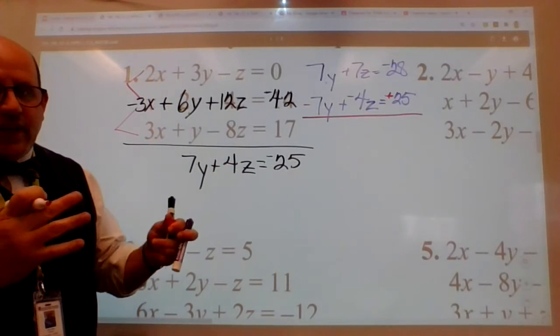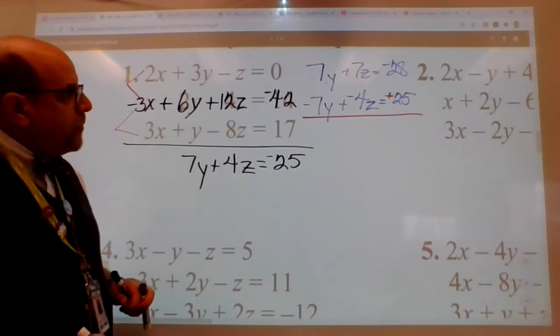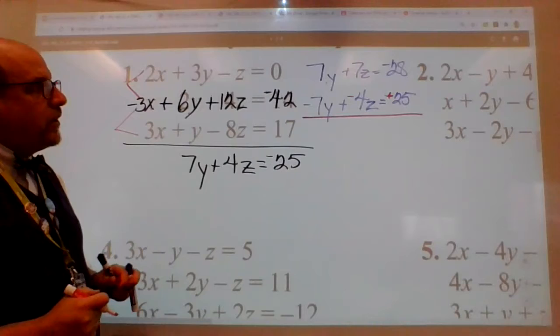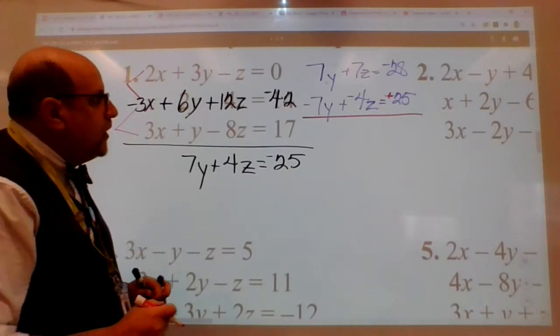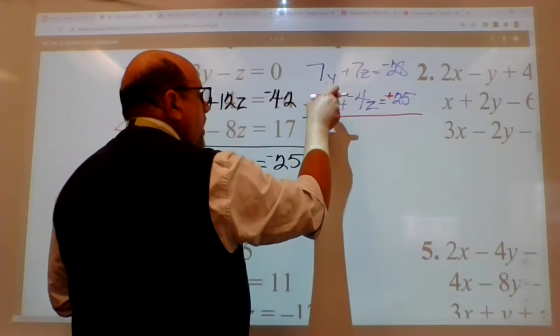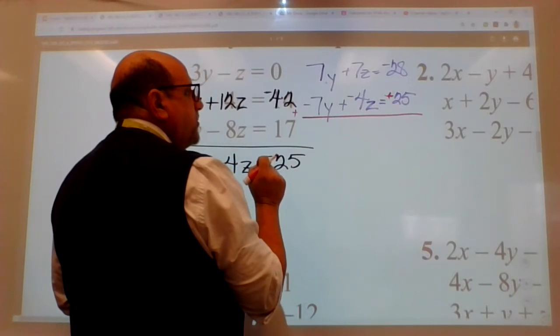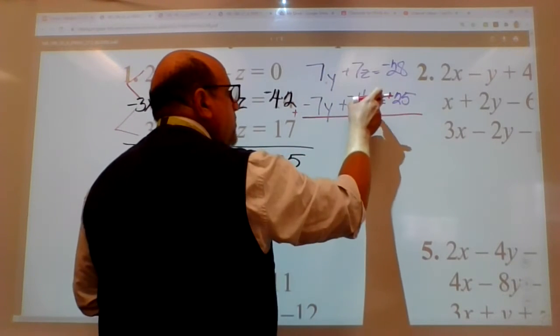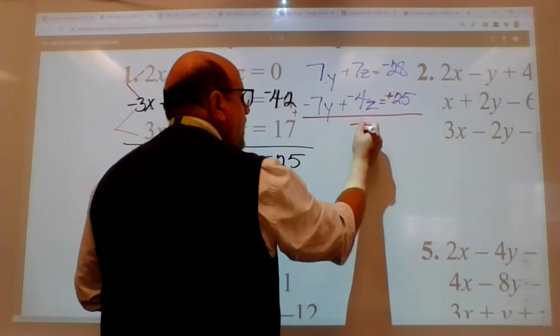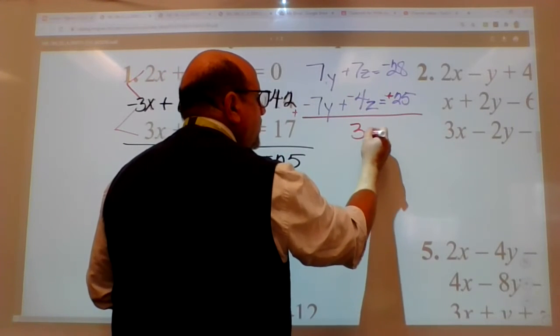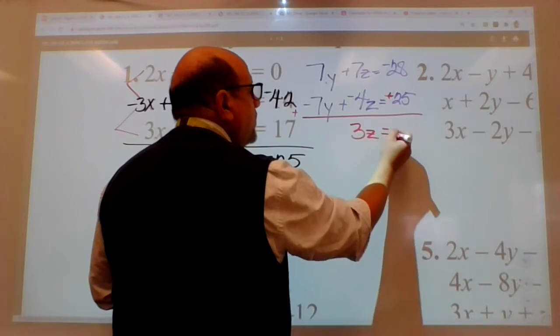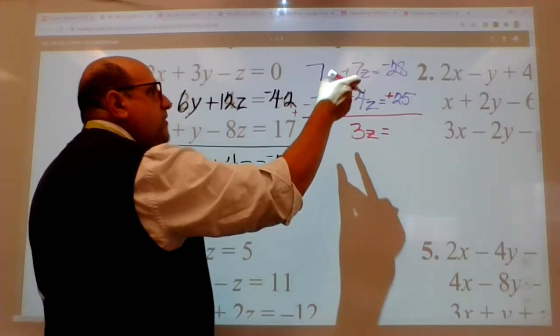All right, I know this is taking a long time, but hey, stick with me. We are really, really close to being finished. So I can eliminate the y. 7y plus negative 7y gives me no y's. 7z plus negative 4z is 3z's. Wow, look at how wonderful this sets us up.